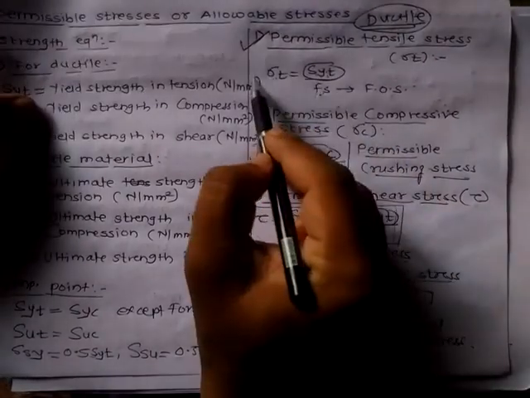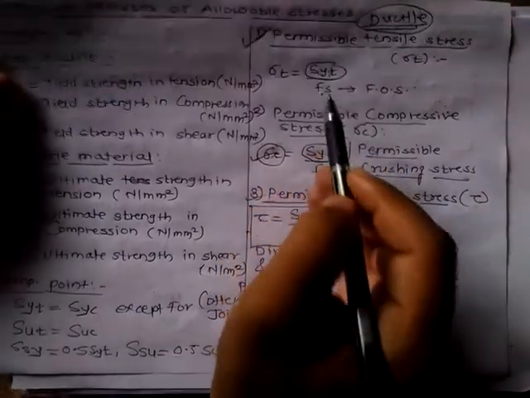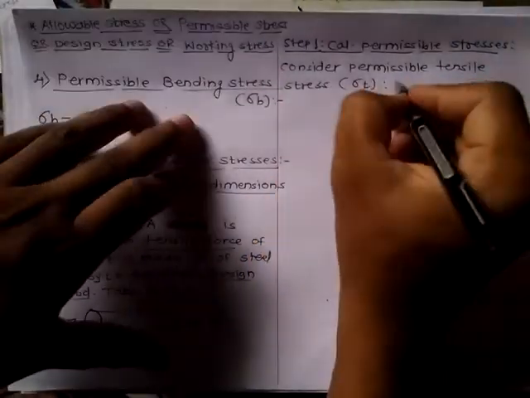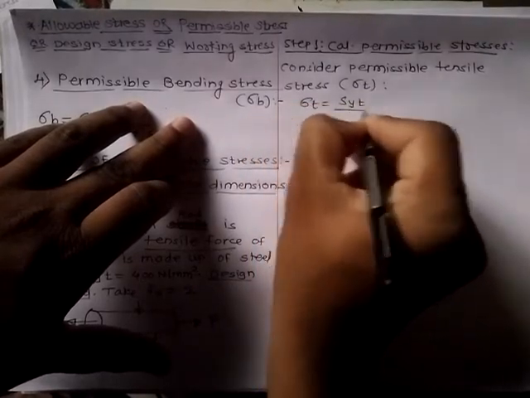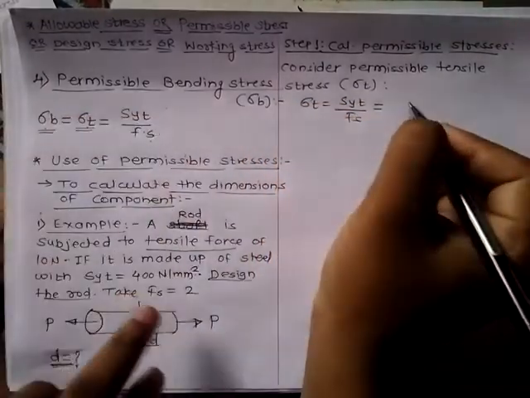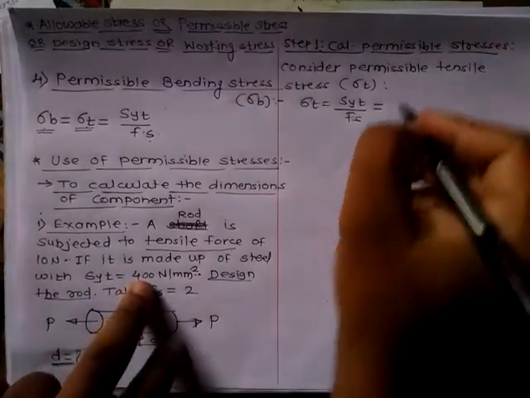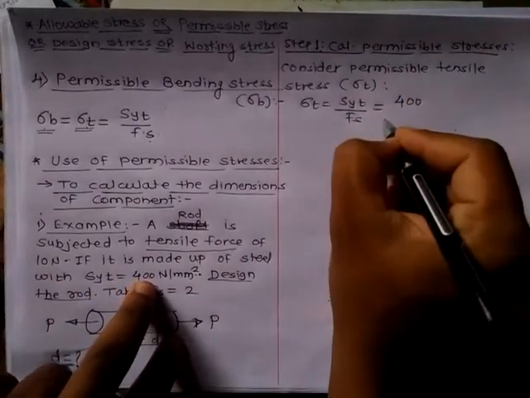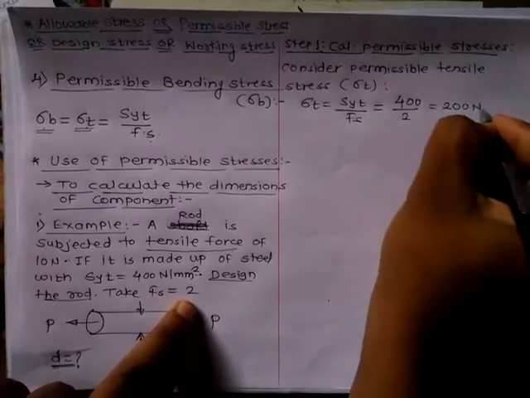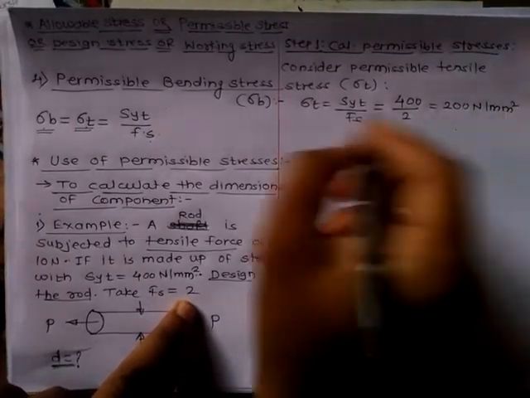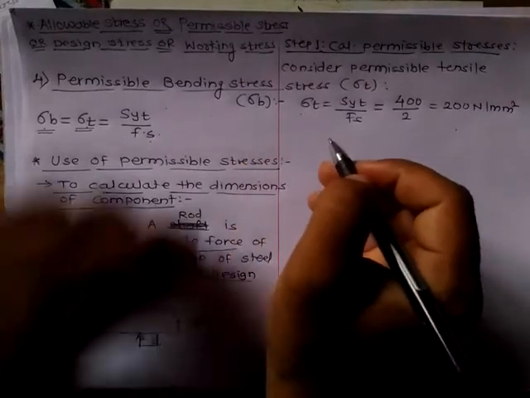So we will use this equation: sigma t is equal to SYT upon Fs. Now check the given data. SYT is 400 and Fs is 2, so it gives 200 Newton per mm square. This is the value of permissible tensile stress.